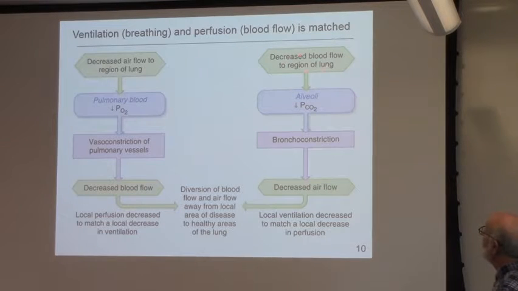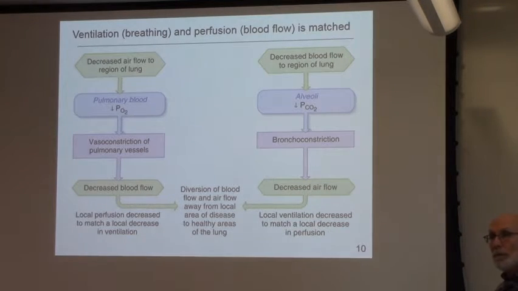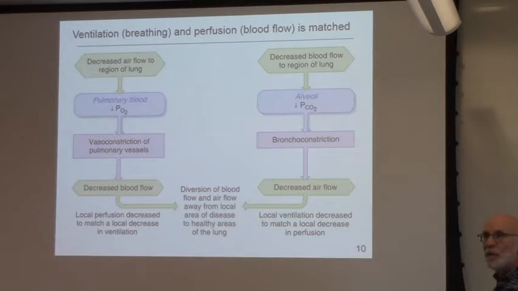Well, if there's low blood flow to a region of the lungs, those alveoli are getting insufficiently perfused with blood, so their CO2 is going down. They're getting ventilated, but they're not getting perfused. That would lower PCO2, which causes constriction, not of the blood vessels, because they already have a problem, but of the bronchioles.